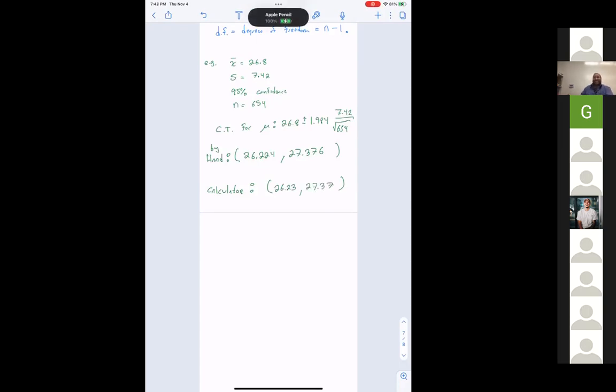So we see it's a slightly smaller confidence interval, negligibly smaller, but smaller, because the calculator knew the value of T star for n equals 654, and we had to round up. But we're talking about being off by one hundredth of a point. Does that make sense? Yes, no questions? Yes, that makes sense.